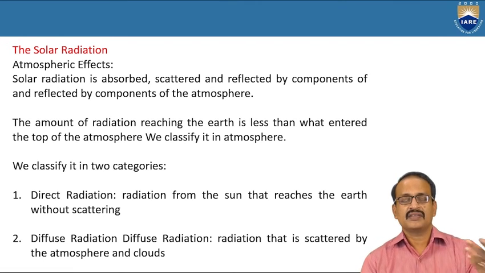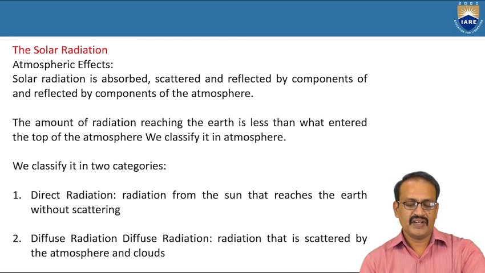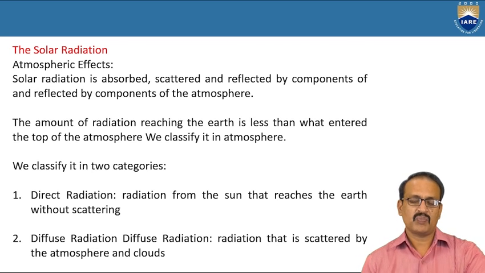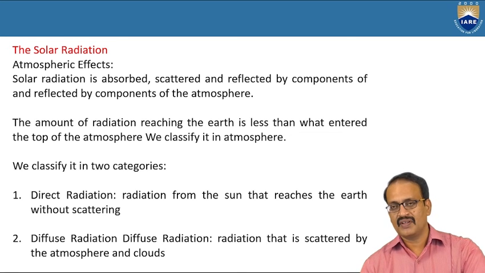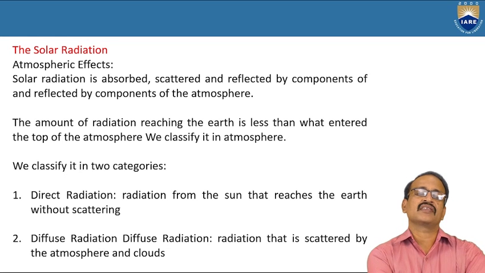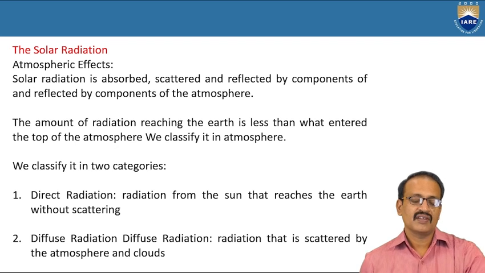So this is about the differences caused by the atmosphere. The atmosphere is capable of absorbing almost 50%, and the remaining 50% it is also capable of releasing, the majority after diffusion.